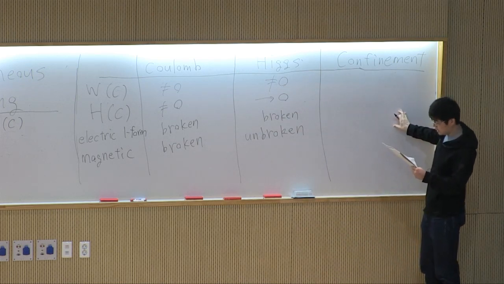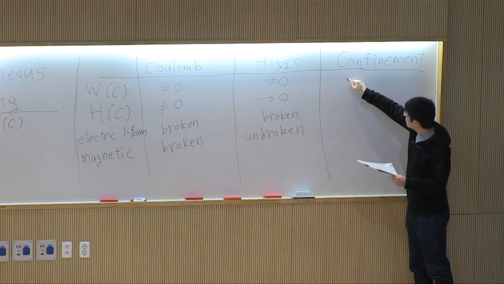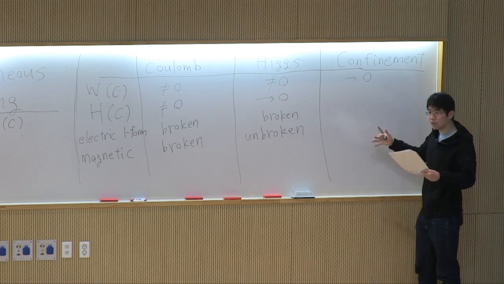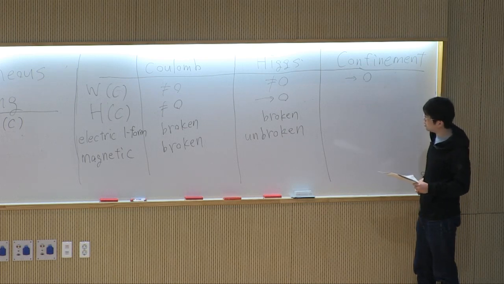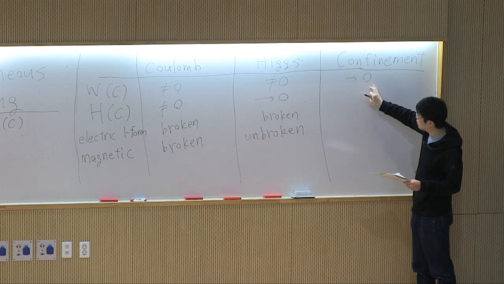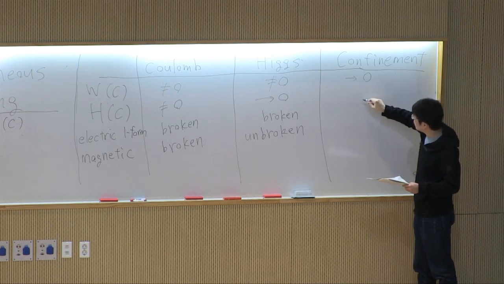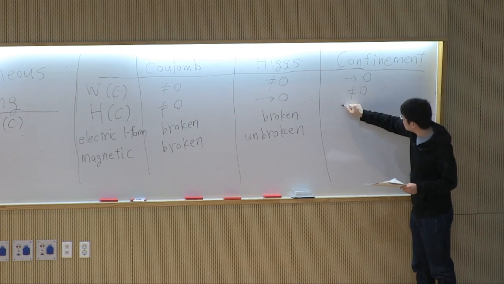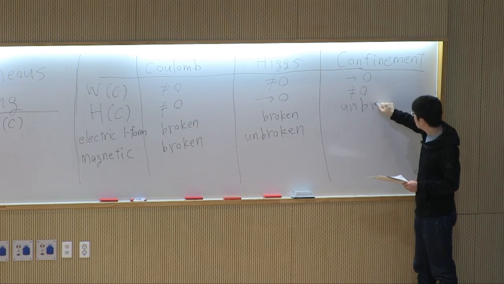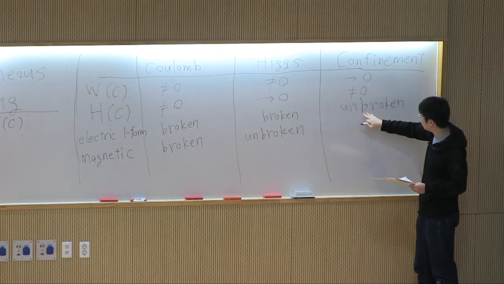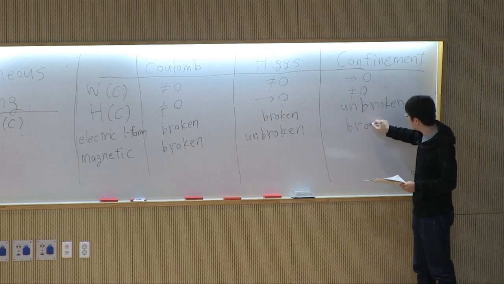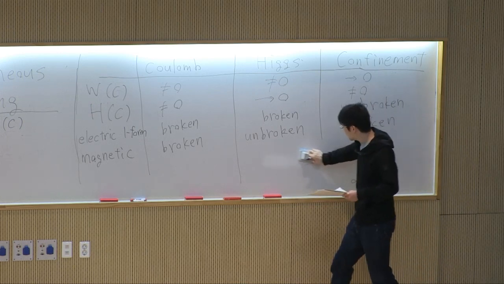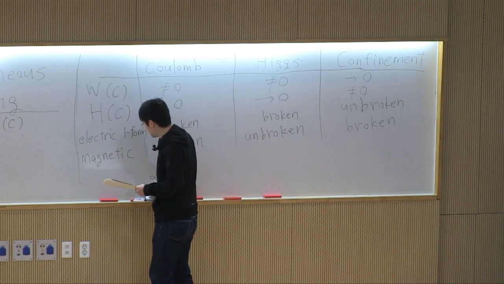And in the confinement phase, the Wilson loop operator shows the area law, and so in the limit of large size of the loop, it goes to 0, and the 't Hooft operator is non-zero. So the electric one-form symmetry is unbroken. This is preserved. The electric symmetry is preserved, and the magnetic symmetry is broken. So this is the situation.